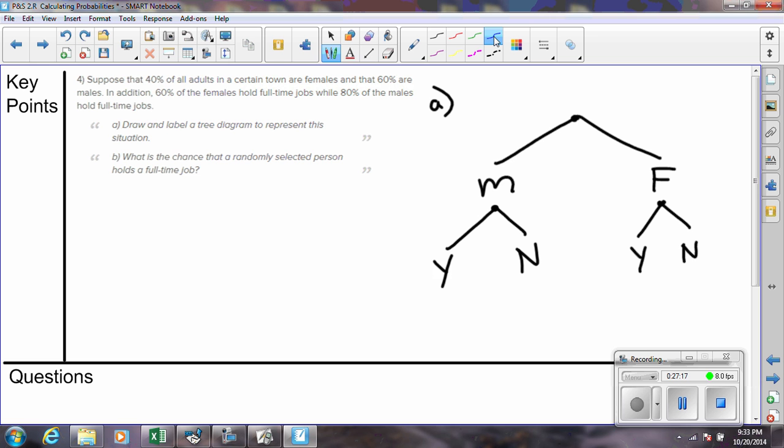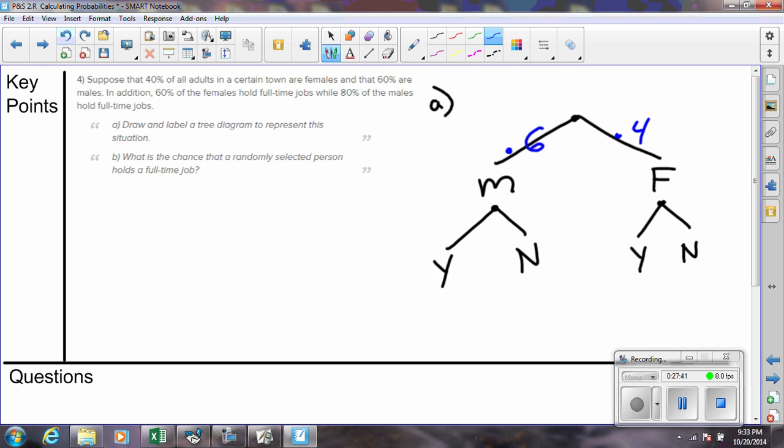What we need to do then is write down all the probabilities. The first piece that we have is, what is the probability that they are a man? Well, there is a 60% chance that they're a man. What is the probability that they're a woman? We were told 40%.